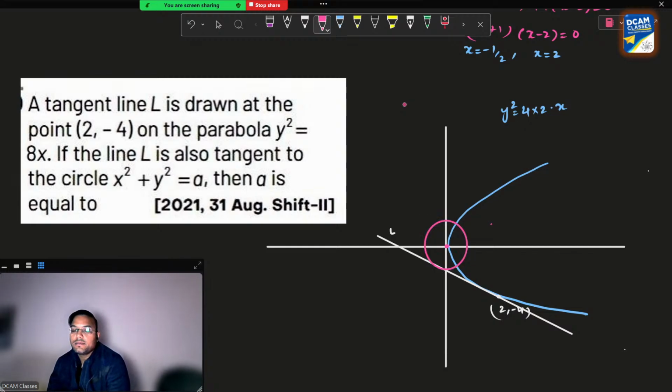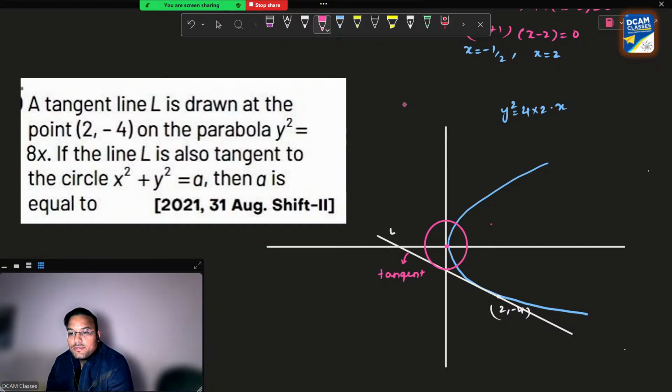This is our circle. So they want what is the value of a. Now see what is my concept. You know how to find out the equation of tangent. Tangent to the parabola at 2, minus 4, that's easy for you.